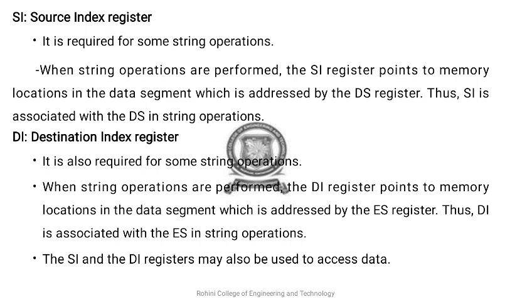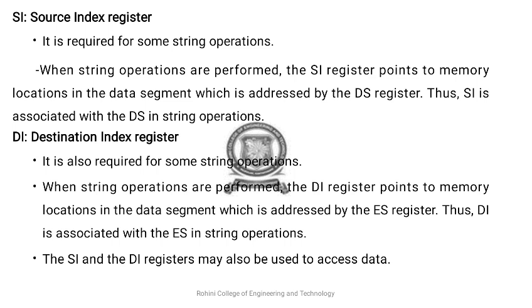SI, source index register. It is required for some string operations. When string operations are performed, the SI register points to memory locations in the data segment which is addressed by the DS register. Thus, SI is associated with the DS in string operations. DI, destination index register.